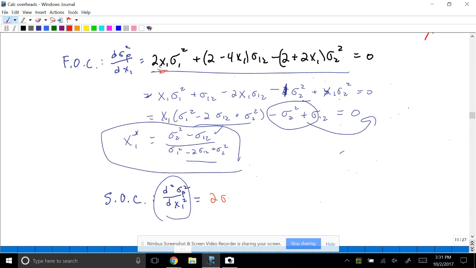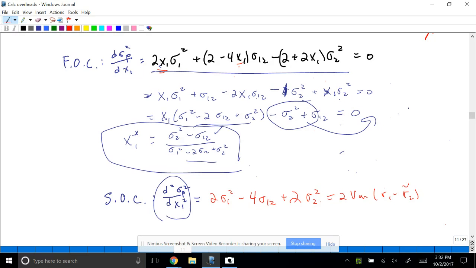It'll be 2 times the variance of the first asset, minus 4 times the covariance of the two assets, plus 2 times the variance of asset 2. All right, so this is basically 2 times, well, it turns out it's going to be the variance of the return on asset 1 minus the return on asset 2.